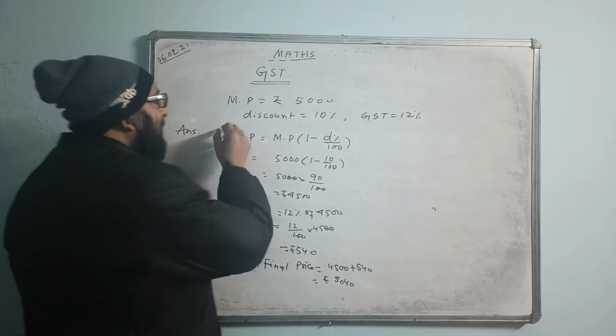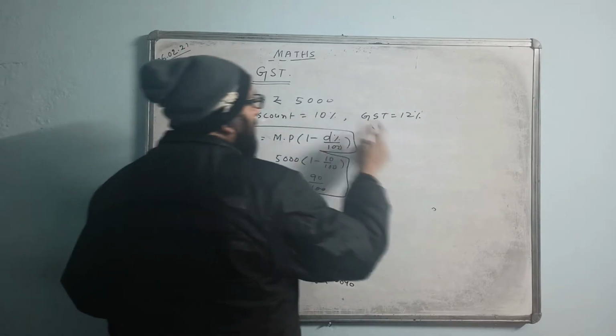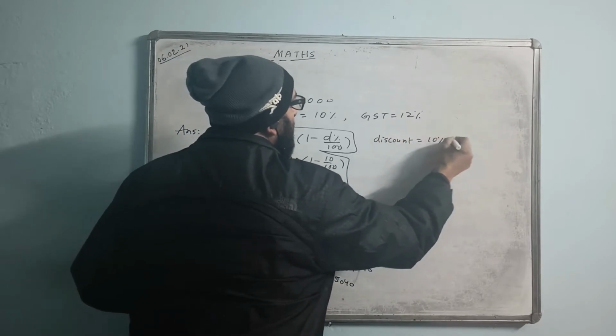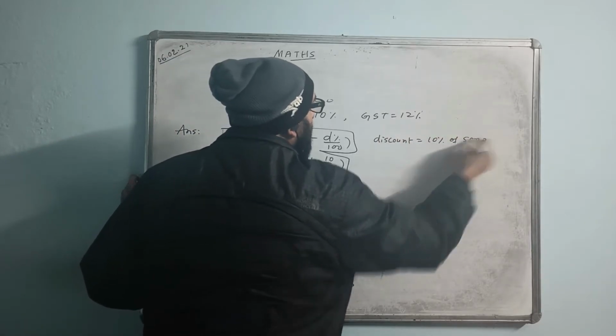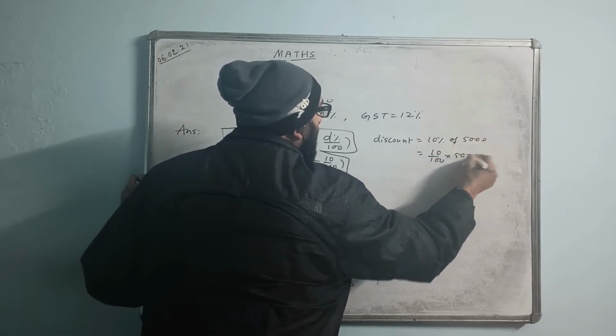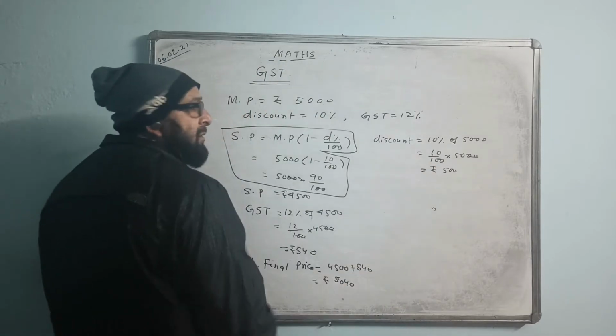If I don't use this formula, we can do it like this. You find only the discount first, the discount in rupees. Discount is 10% of 5,000. Let us find the discount. How much rupees discount will the person get? So 10 by 100 into 5,000 I will do. This will come 500. Means out of 5,000 the person gets a discount of 500.